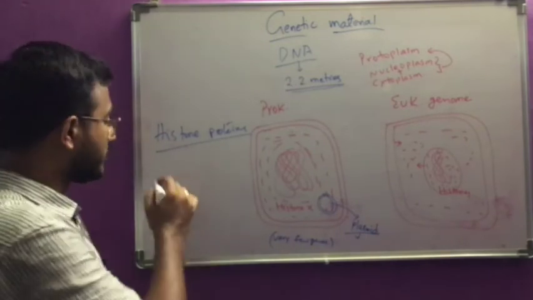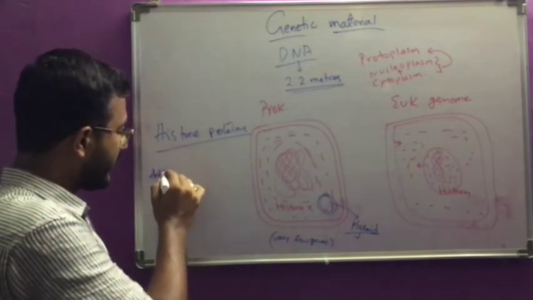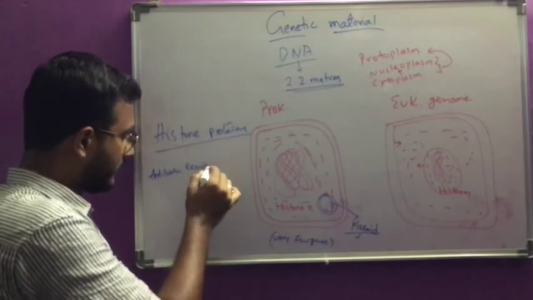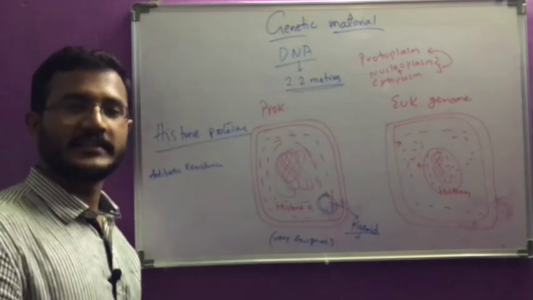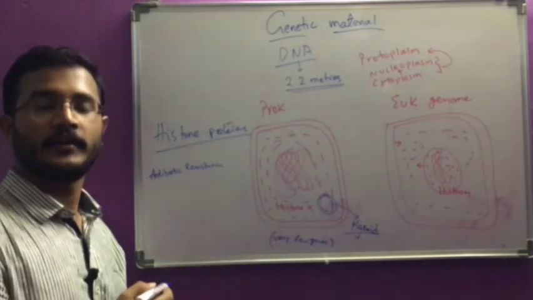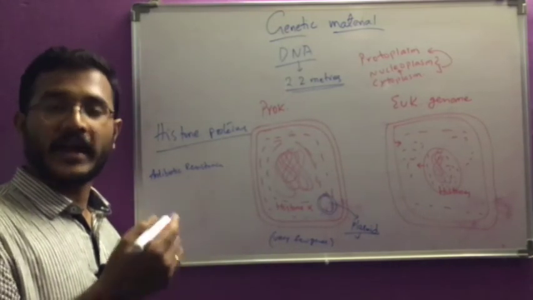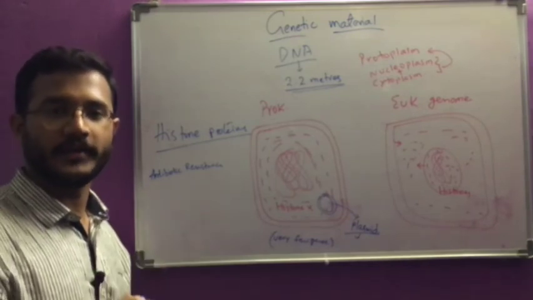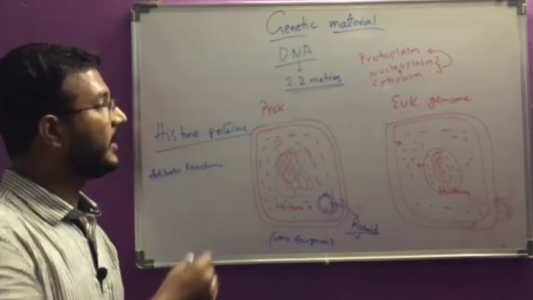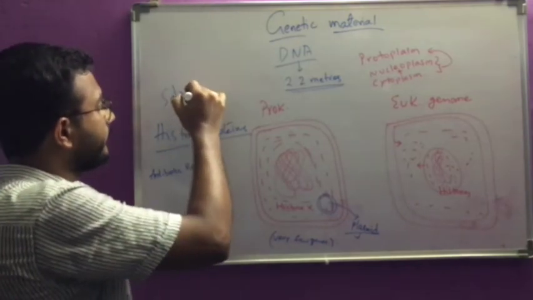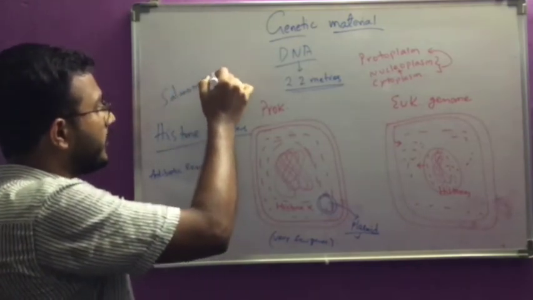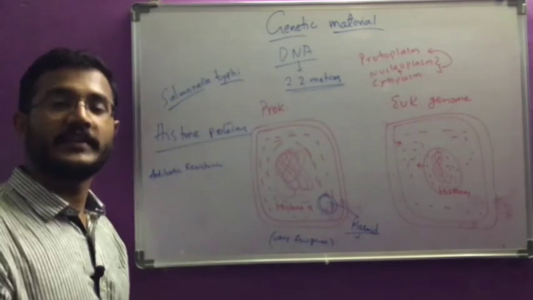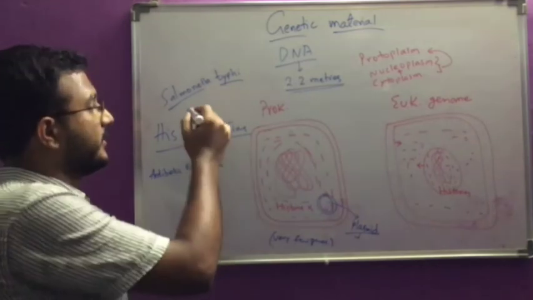Mostly they contain antibiotic resistance genes. For example, this is a bacteria. If some bacteria enters our body and causes a disease, for example typhoid, it is caused by Salmonella typhi bacteria. This is a type of bacteria that causes typhoid.